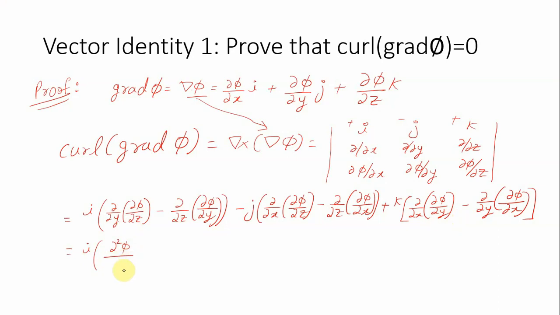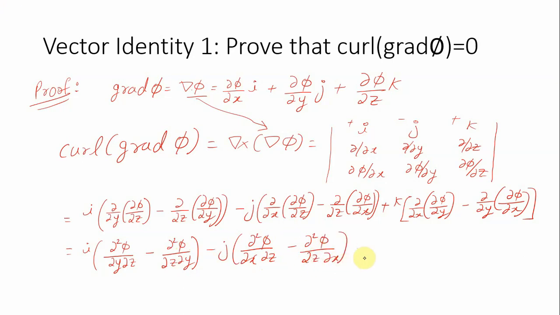This is dou square phi divided by dou y dou z minus dou square phi divided by dou z dou y, minus j, dou square phi divided by dou x dou z minus dou square phi divided by dou z dou x, plus k into dou square phi divided by dou x dou y minus dou square phi divided by dou y dou x.